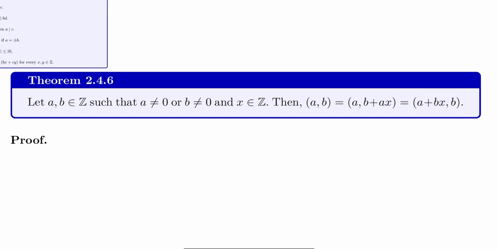It's like you can add to the second number a times an integer, and you can add to the first number the second number multiplied by another integer.